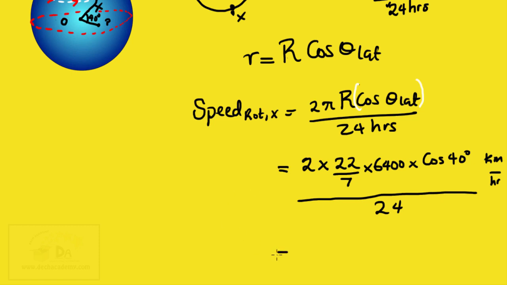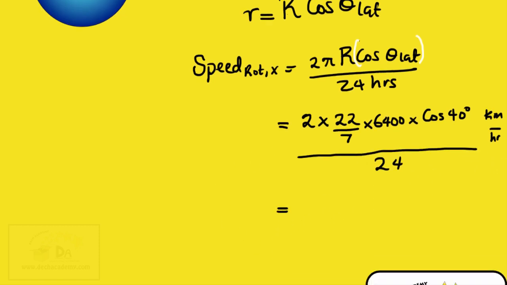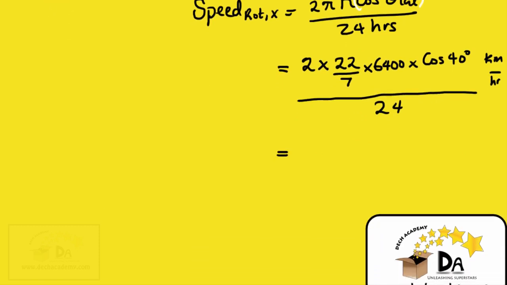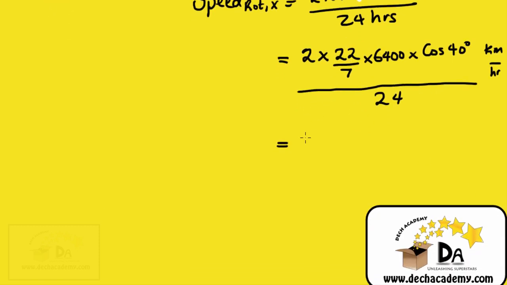This simplifies to give, you can use your calculator, but I'll try and take you through the steps. 2 times 22 over 7 is 44 over 7. 44 over 7 times 6,400 is 281,600 over 7.